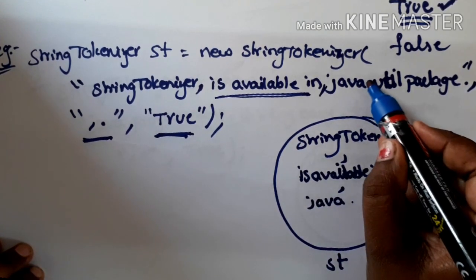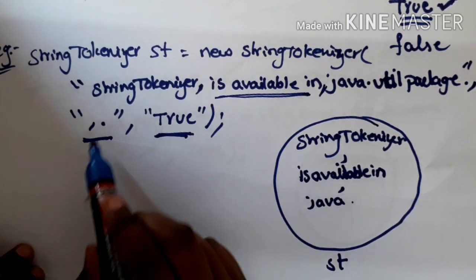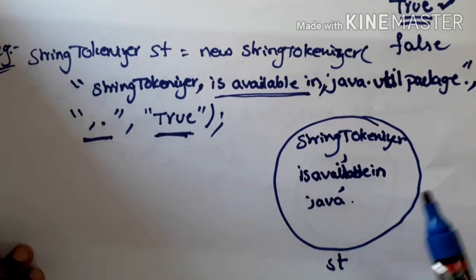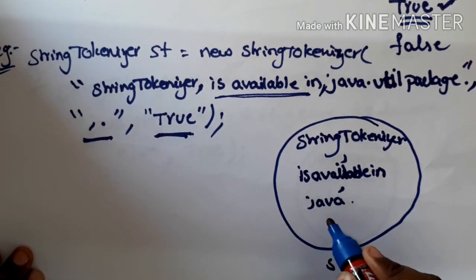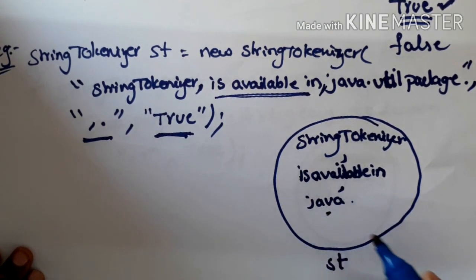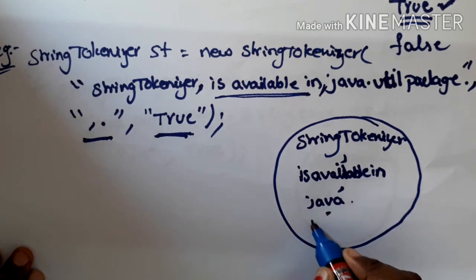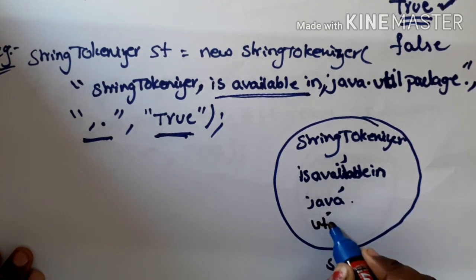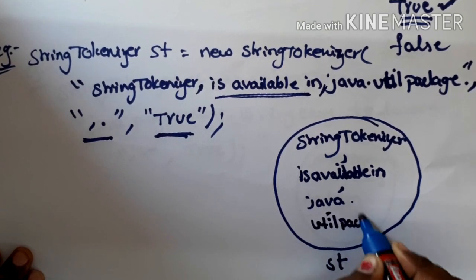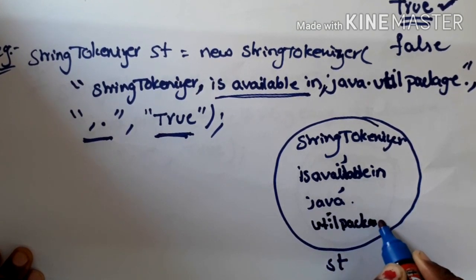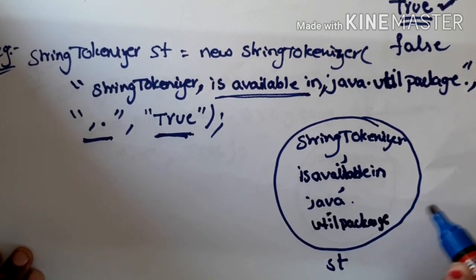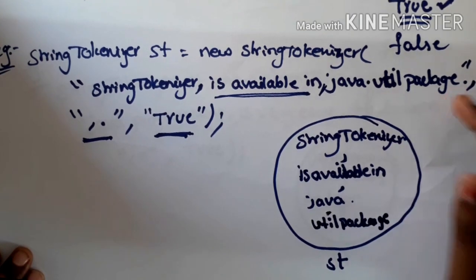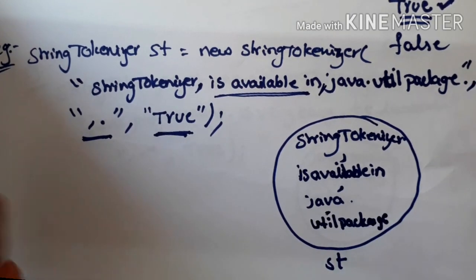Full stop is there, which is a delimiter we have specified here. So Java is a token and full stop is a token. Util package is a token, and this is what happens when we tokenize the string using this approach.